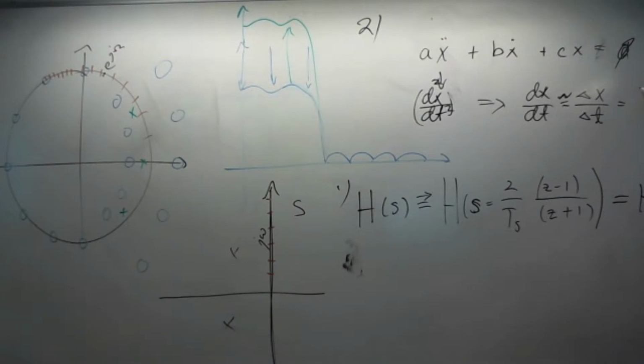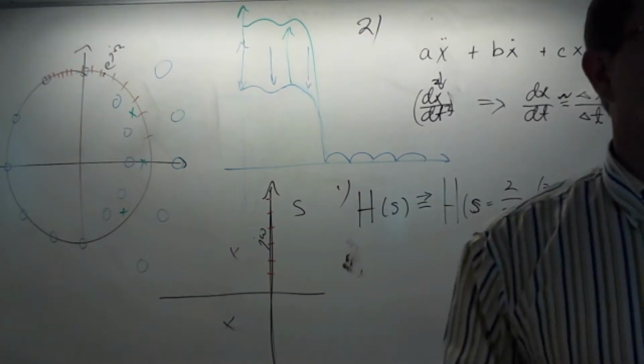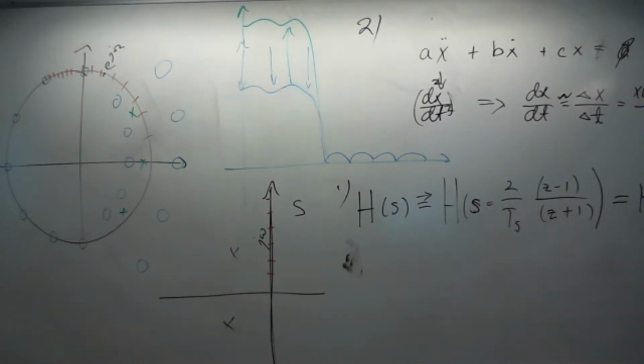And delta x is just x[n] minus x[n-1], a difference between two subsequent numbers, and this is T_s, the sampling time. Simple linear interpolation of the difference equation. If the sample time is short enough and the system hasn't changed much between those time steps, then this is just fine.